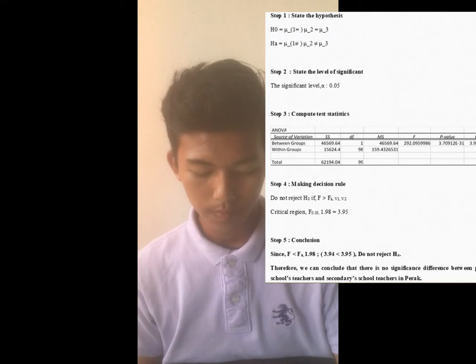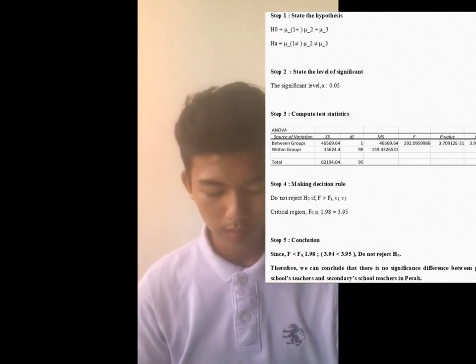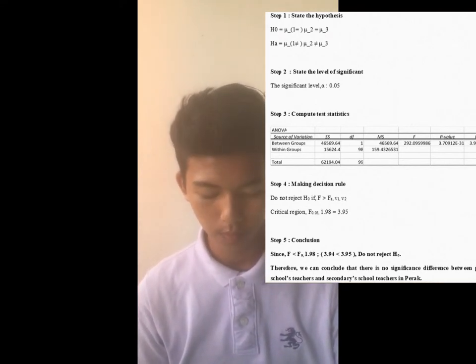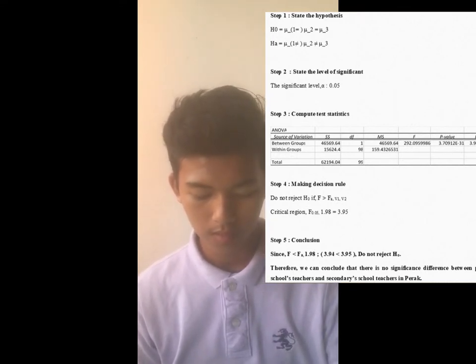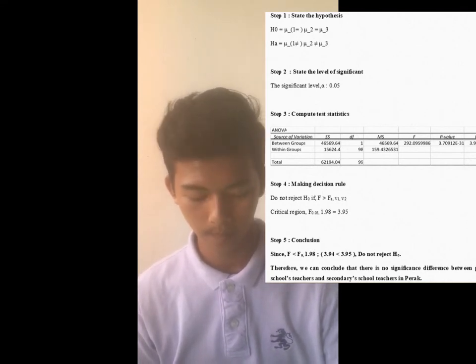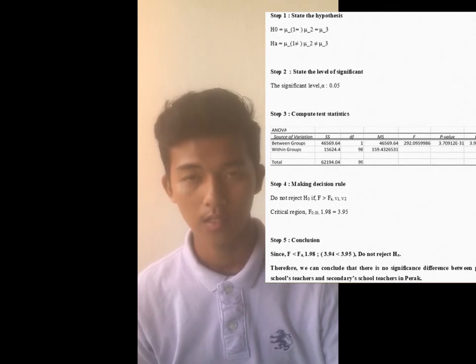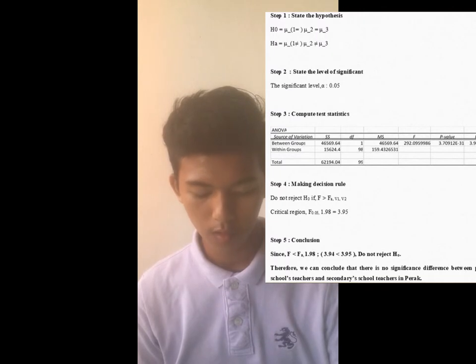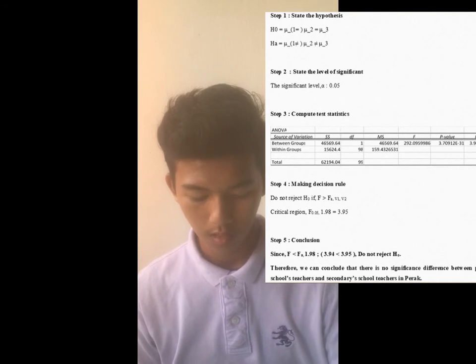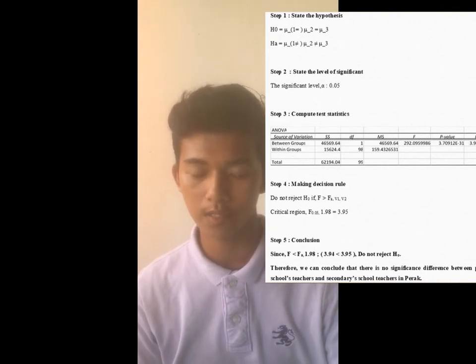For between groups, SS is 46569.164 and for within groups 15624.4. DF for between groups is 1 and within groups 68. MS for between groups is 46569.64. MS for within groups is 159.4326531.